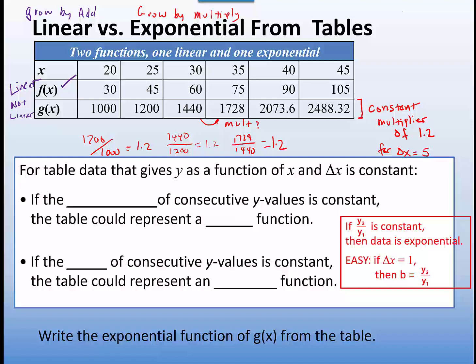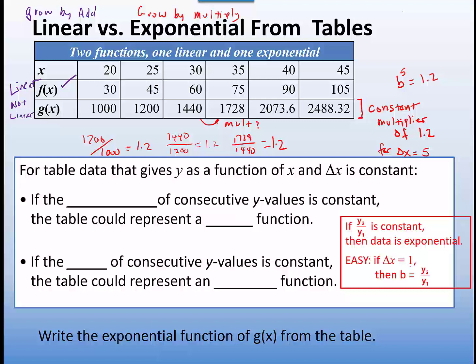Now, if delta x was 1, we would have b. But it's not 1. So it's really 5 multiplications of b equals 1.2, because I went from 20 to 25, and I got 1.2 as my multiplier. So I don't have b yet. I can solve for b, but I don't have b yet.